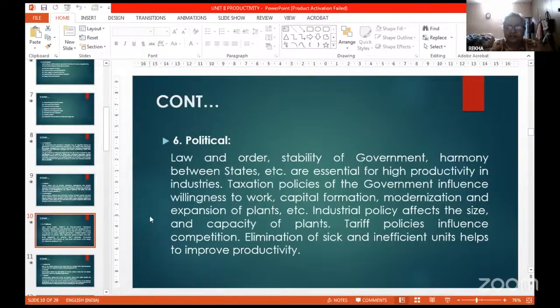So these policies of the government also help you in increasing your productivity, because until and unless you start operations, you will not be faced with this problem. It is only when you get the opportunity to start such an operation that you will think about how to increase your productivity.